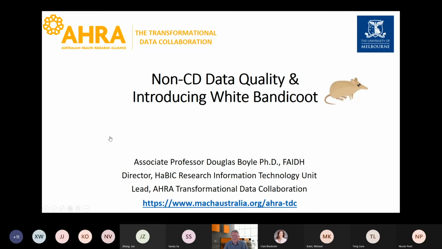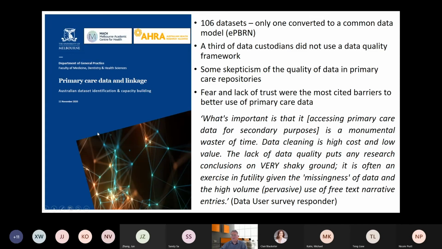So we're really at very early days with this. And it's fantastic to see where Claire's thinking is here as well. So I think it's very complementary, and really exciting. I first came into data quality from a different angle, certainly not from the common data model angle.